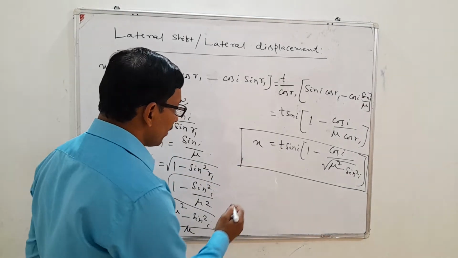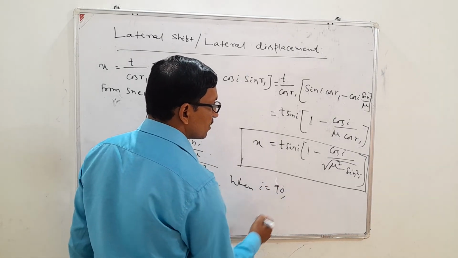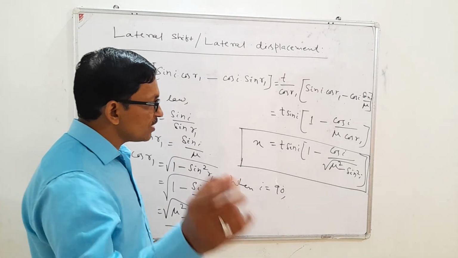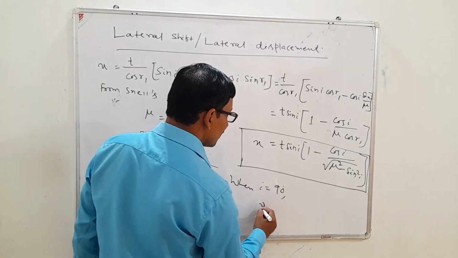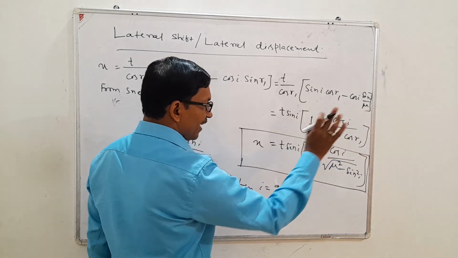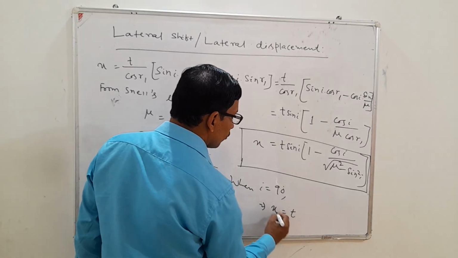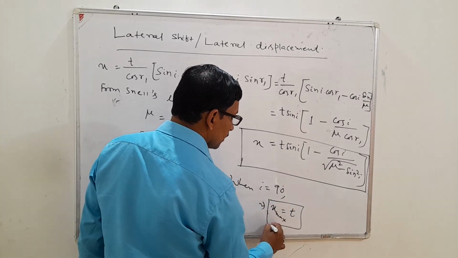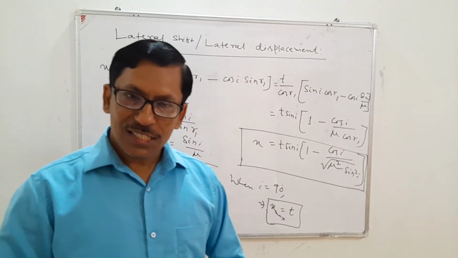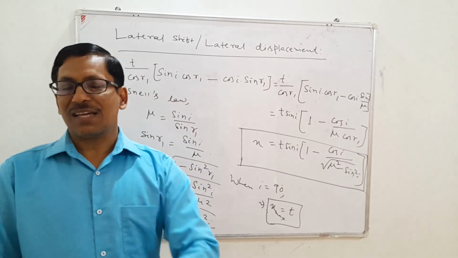Suppose the angle of incidence is 90 degrees. What is the value of X? Sin 90 is 1, cos 90 is 0, so this term will vanish. X is equal to t. That is the maximum value of lateral displacement. So remember children, the lateral displacement or lateral shift cannot exceed the thickness of the glass slab.